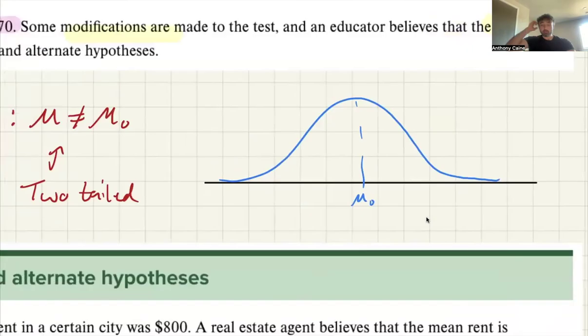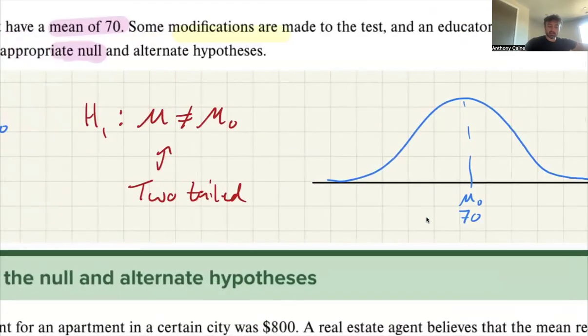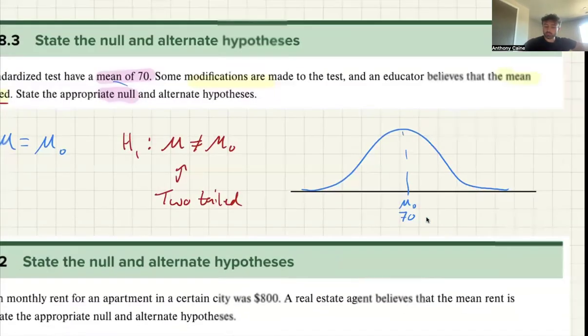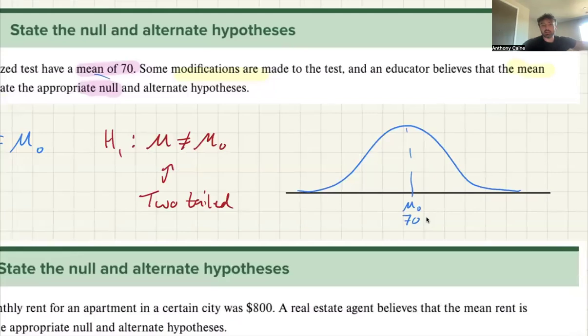So we go out and we give this test to 100 students or something, and we take their average. The old mean, by the way, was 70. That's what this problem says, highlighted in pink right here. And we go out and test a bunch of students, we take their average, and maybe their average ends up being 75. Is this enough evidence to say that the average has changed?